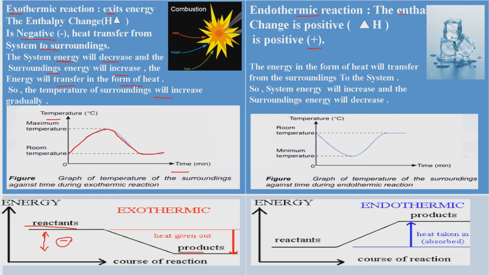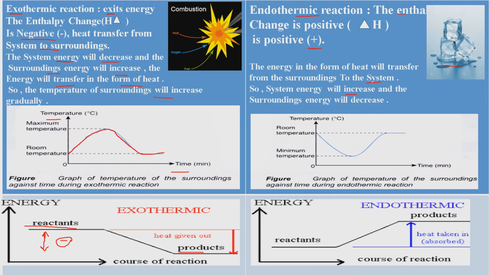In the case of melting ice, the energy will transfer from the surroundings to your system, so the system energy will increase. The system will gain energy, as if it gains money, so its bank balance will increase. And the surroundings' energy, of course, will decrease.